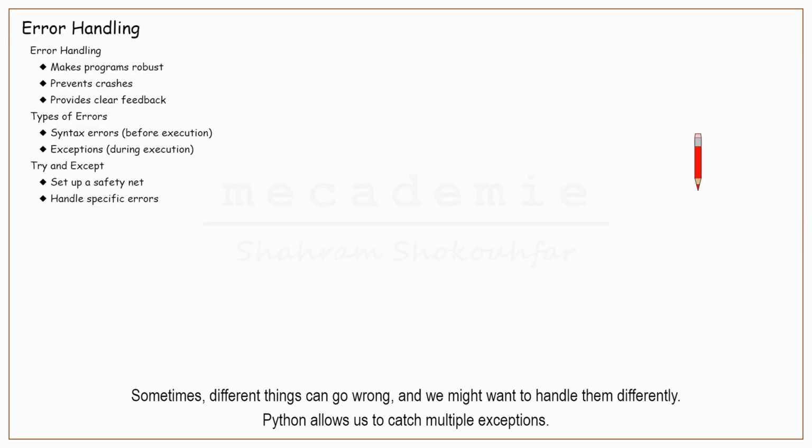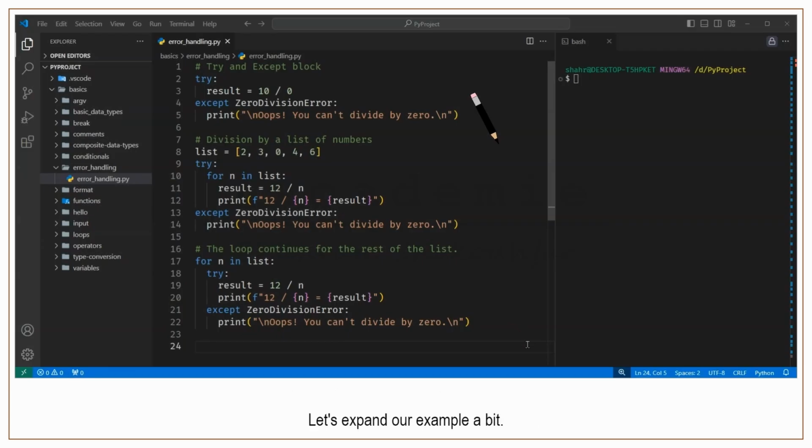Sometimes different things can go wrong, and we might want to handle them differently. Python allows us to catch multiple exceptions. Let's expand our example a bit.